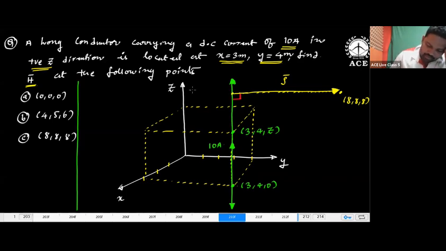This point must be 3, 4, what must be the Z value? They must be of the same height. If they are at different heights, that will not correspond to the perpendicular distance. So if this is a perpendicular distance, then the Z value must be 8. Yes. So in our terminology, we are calling this as a what? Field point, FP. This we are calling as what? Source point, SP.